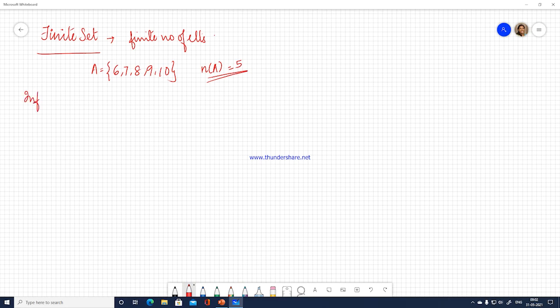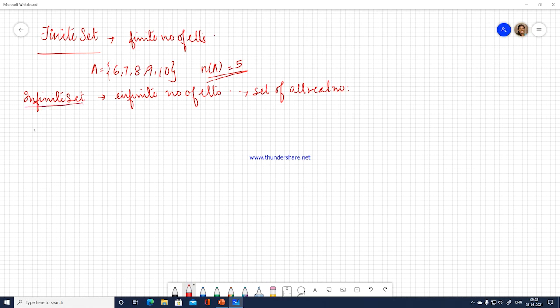Now let's see what is an infinite set. An infinite set has an infinite number of elements. For example, the set of all real numbers is an infinite set.